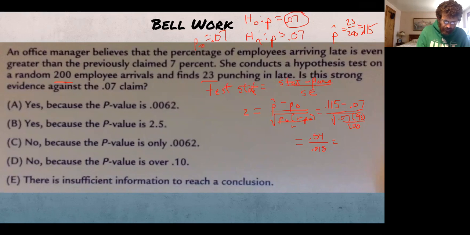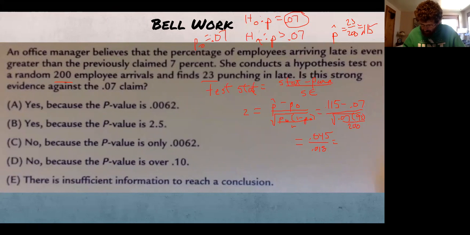Oh, 0.045, I'm sorry, I knew something was different. All right, sorry about that. I got 2.494. Okay, so that's my z statistic.